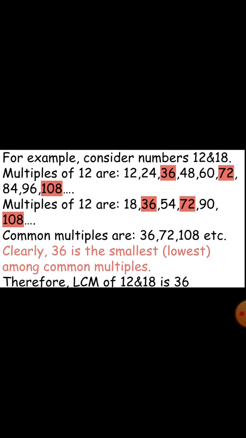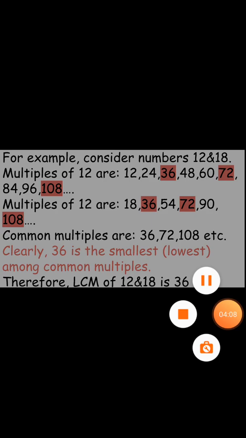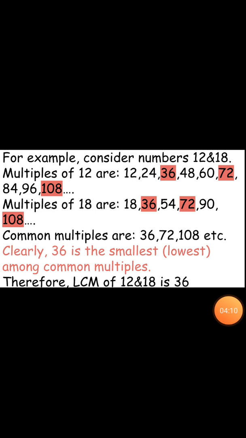36, 48, 60, 72, 84, 96, 108 and so on. Multiples of 18 are 18, 36, 54, 72, 90 and 108.